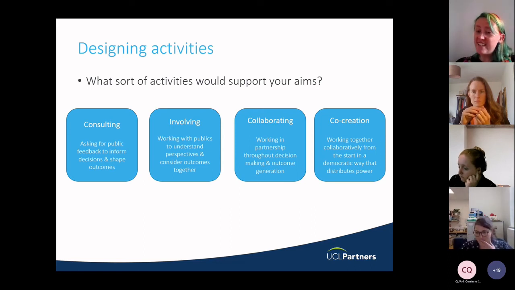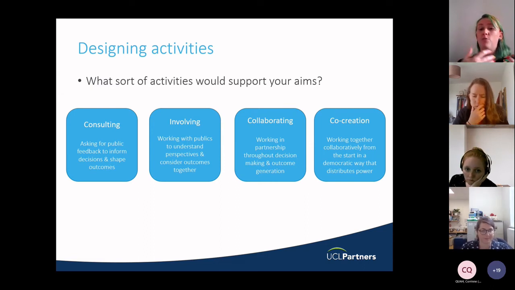Realistically, you aren't going to be in a position to do all of these things. So just go back to your aim and what is feasible and reasonable for you in your position, and think about what approach will suit. And ultimately, if you're not in the position to be able to collaborate or co-create, that's fine. Don't try and force it.